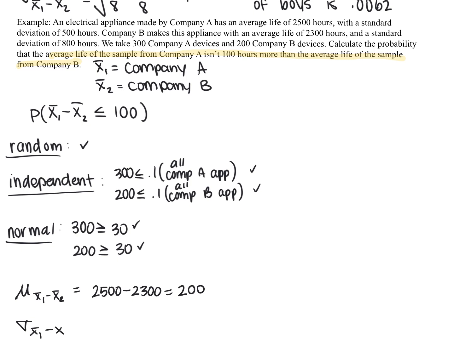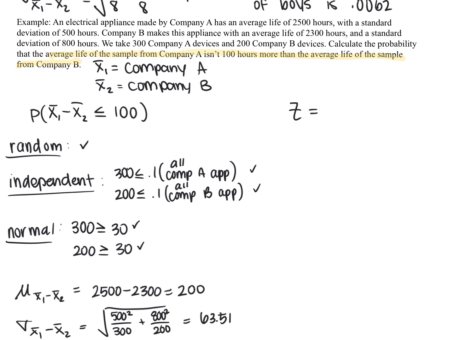Standard deviation is the square root of 500 squared over 300 plus 800 squared over 200. And we get 63.51.